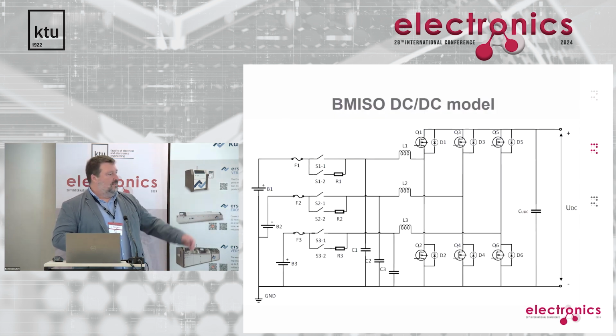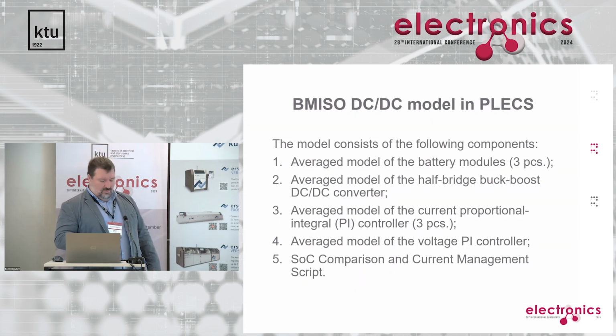This is a simple schematic of this model, but let's go to components of this module. So we have an average model of battery modules within this system. We have half bridge buck boost DC converters for each module. Why buck boost?